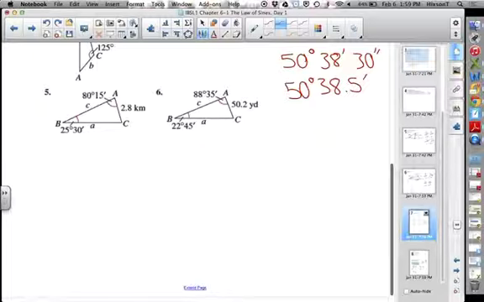Now there are 60 minutes in 1 degree. So I could figure this out. It would be 50 and 38.5 over 60 degrees. Okay, and obviously you could figure out what that is on your calculator. Alright, so that's how you would have to do the conversions.